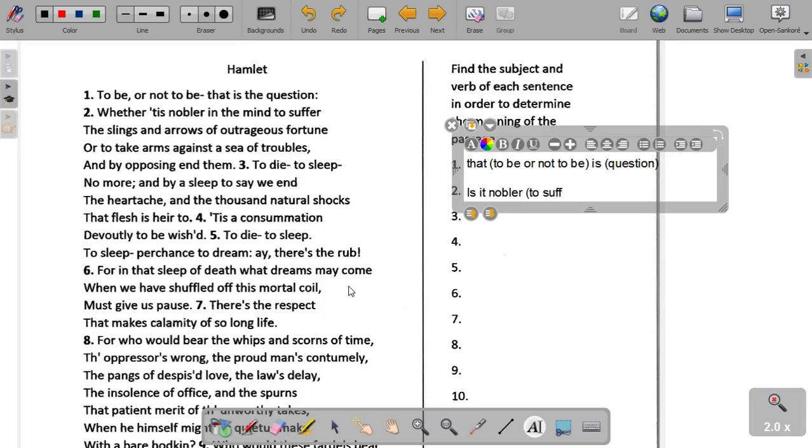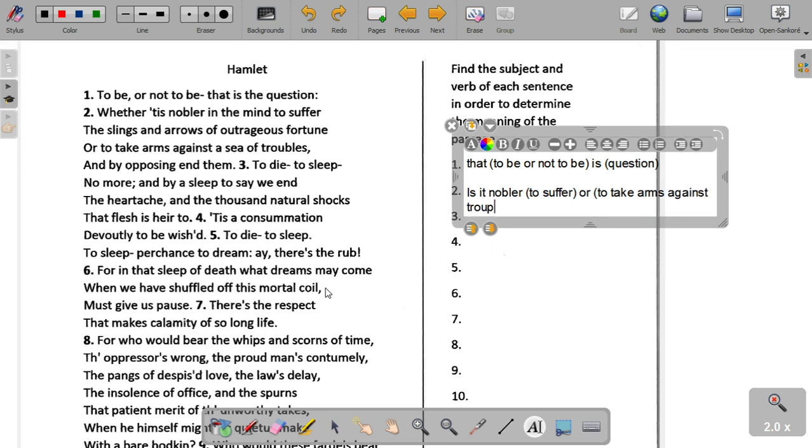To suffer the slings and arrows of outrageous fortune, or the second one, the not to be, to take arms against trouble and by opposing, so by fighting against them, end them.